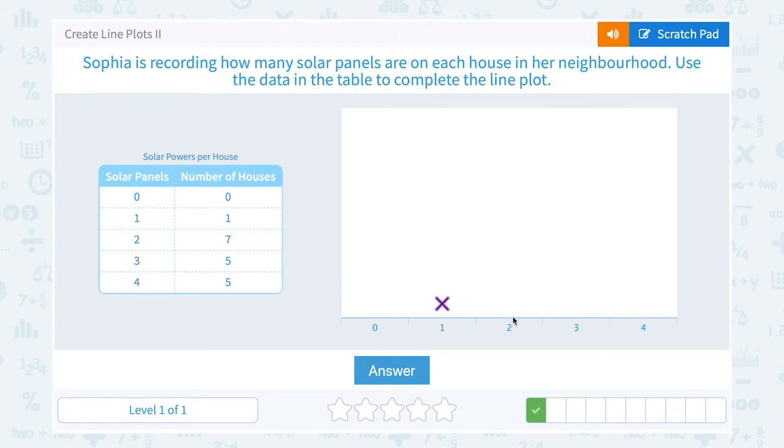So if I go to 2 on my X-axis, I'm going to include 7 X's. 3 solar panels were sold to 5 houses, so I'm going to include 5 X's. And 4 solar panels were sold to 5 houses, so if I go to 4 on the X-axis, I'm going to include 5 X's.